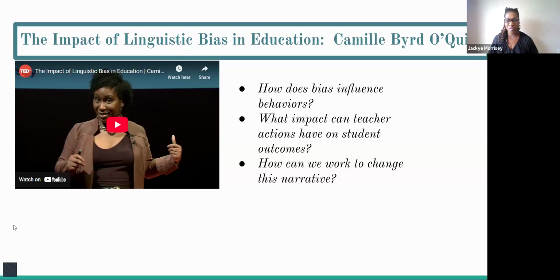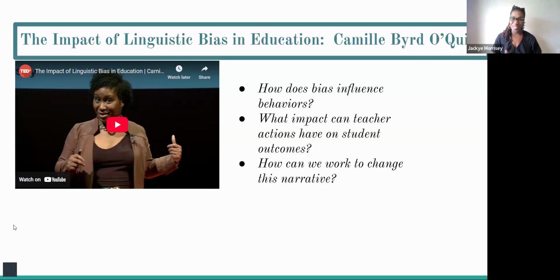And I think what is so alarming, and one of the things that O'Quinn had to say, is that African American students are often 2.5 times more likely to be referred for special ed services. And sometimes those referrals are due to their linguistic or their language background.